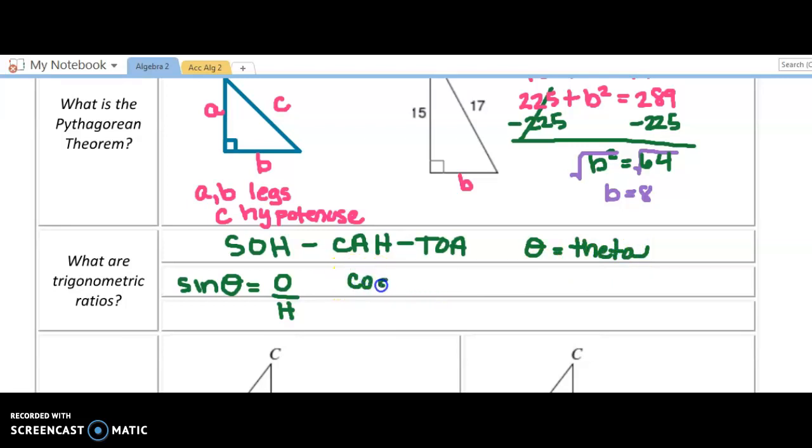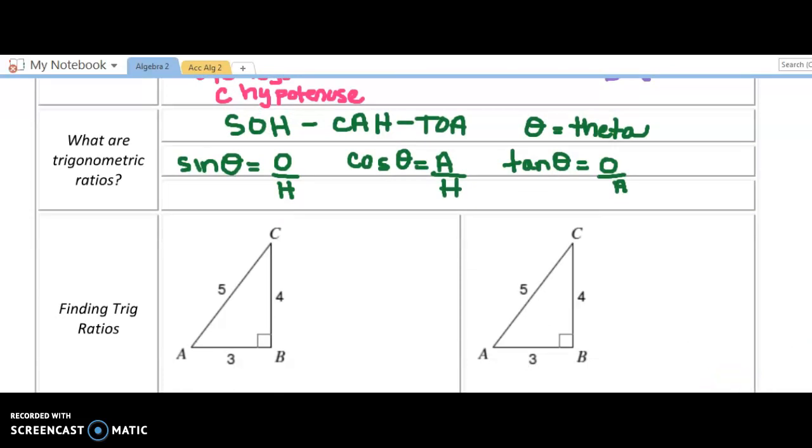Then we have cosine of some angle theta would be adjacent over hypotenuse. And again, it has to be this way. It can't be hypotenuse over adjacent. It's got to be adjacent over hypotenuse. And then our last one would be the tangent of angle theta, and that's OA, so opposite over adjacent. So those are your 3 trig ratios.